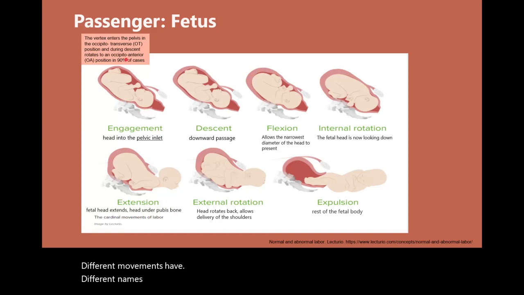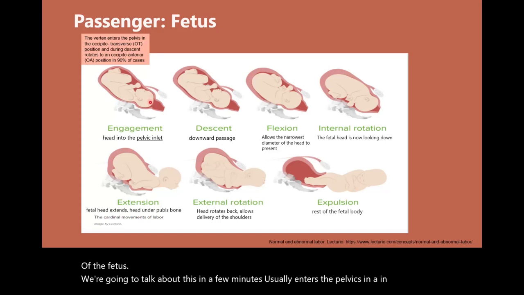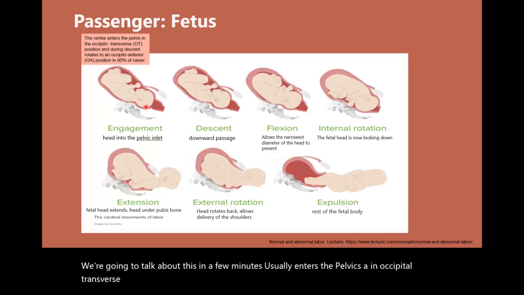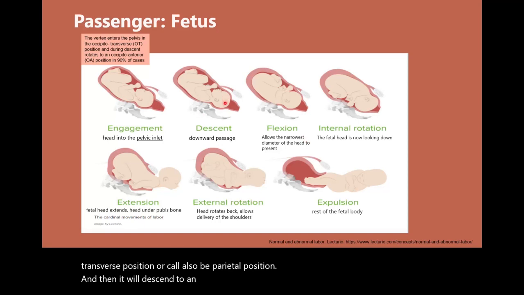The vertex of the fetus, we're going to talk about this in a few minutes, usually enters the pelvis in occipital transverse position, also called biparietal position. And then it will descend to an occipital anterior position. The occipital will be facing the pelvis, and this will occur in 90% of the cases.